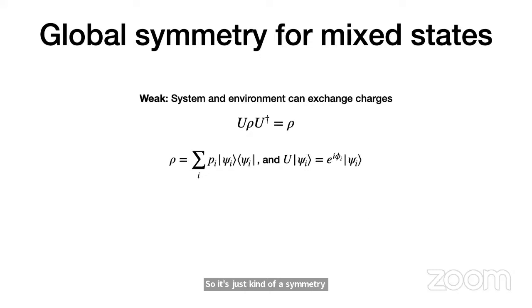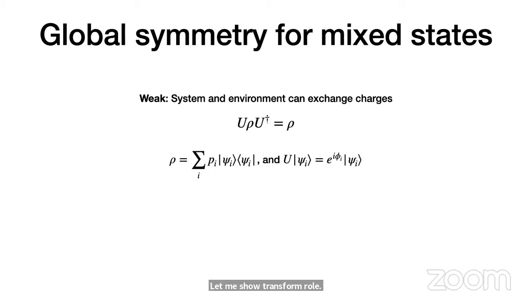All right, so there's strong, and there's also weak. The weak means the system and the environment can exchange charges of the symmetry. So the symmetry is actually extended to the ancillas or environment as well. In that case, mathematically, we have U rho U dagger equals rho. So this is more like the canonical way a symmetry should transform rho.